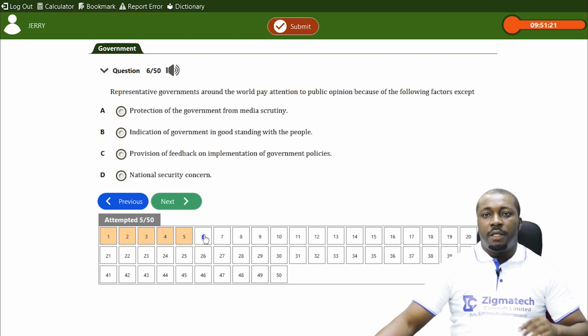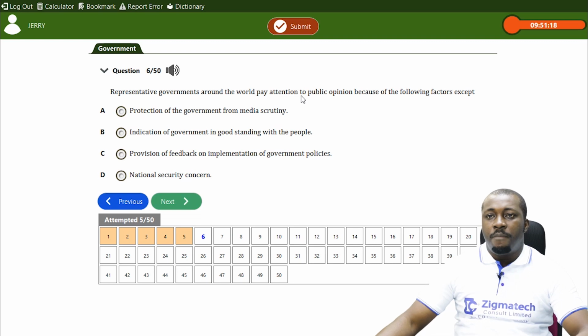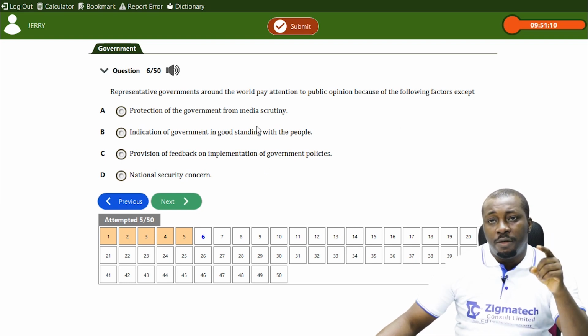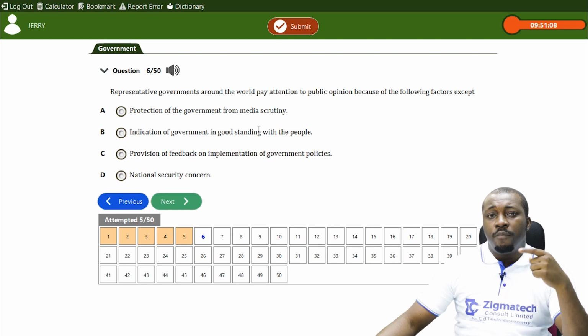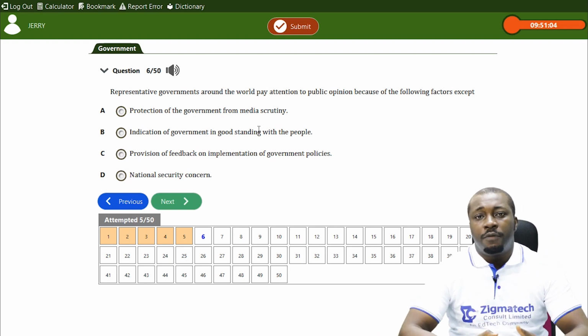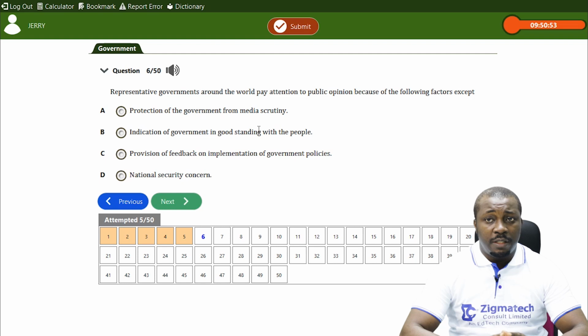Now, look at this. Representative governments around the world pay attention to public opinion because of the following factors, except. Why would they pay attention to public opinion? Actually, this is testing your knowledge on the importance of public opinion. Remember, public opinion is the expressed view of members of the public or majority of citizens on issues of public importance or government decisions and policies.